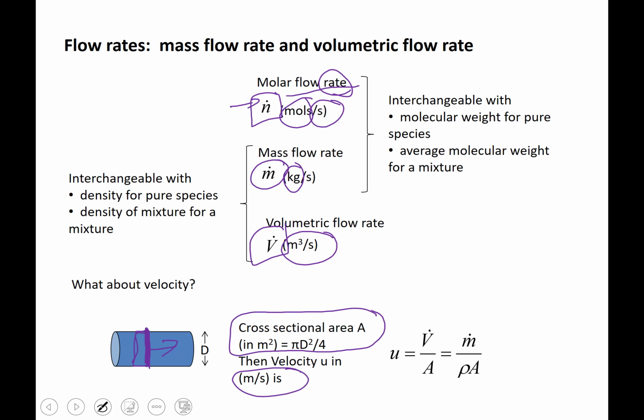So this is the relationship between the velocity in meters per second, and if it's the volumetric flow rate, we take the volumetric flow rate divided by the cross-sectional area, and if it's the mass flow rate, we have the mass flow rate divided by the density times the cross-sectional area, and those are going to be equal to the velocity of the material. Okay, that's pretty much it.